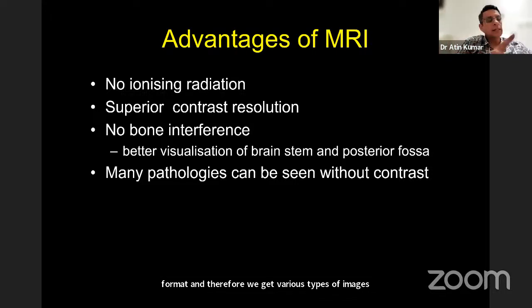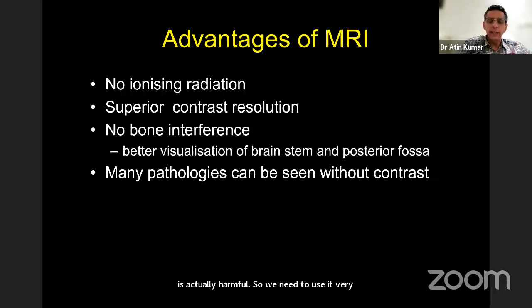The crux of the matter is, since it does not involve any radiation, it does not have any harmful effects on the patient. CT scan is actually harmful, especially for a child, so we need to use it very judiciously.